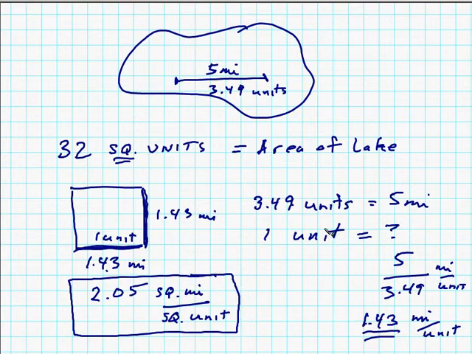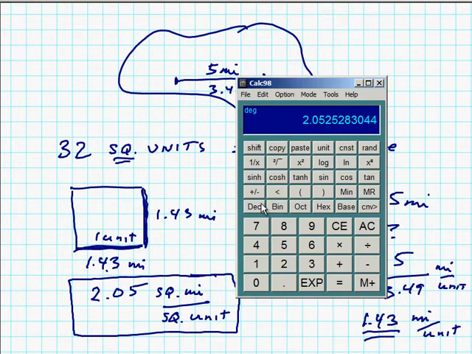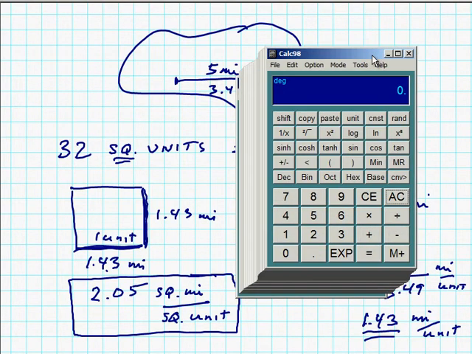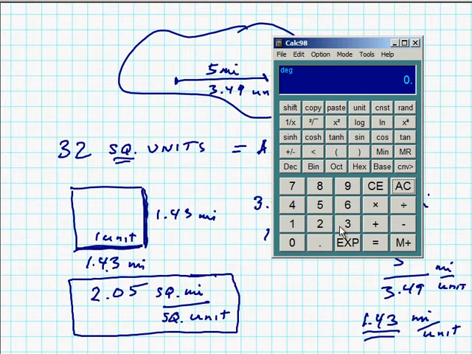Okay. Now, how big is our lake? We have 32 square units. Each square unit is 2.05 square miles. So let's figure it out. Bring the calculator back. 32 times 2.05. 32 square units.